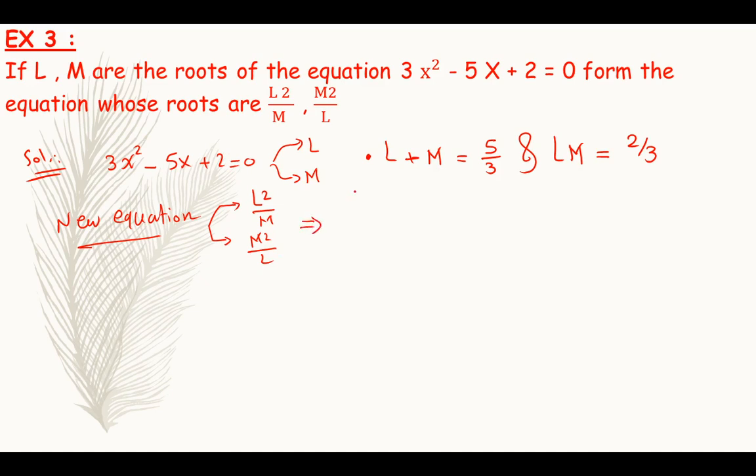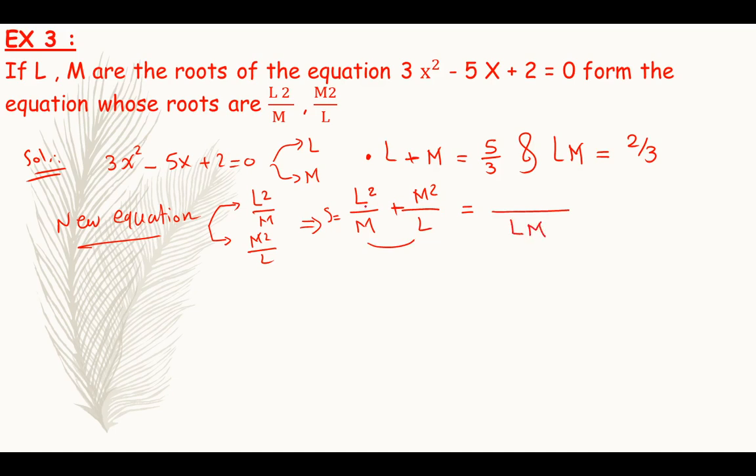The sum of roots will be L power 2 over M plus M power 2 over L. Okay? This is the sum of the two roots. So we can write S, the sum, equals L power 2 over M plus M power 2 over L. Here again we are going to multiply L times M, which is equal to LM.